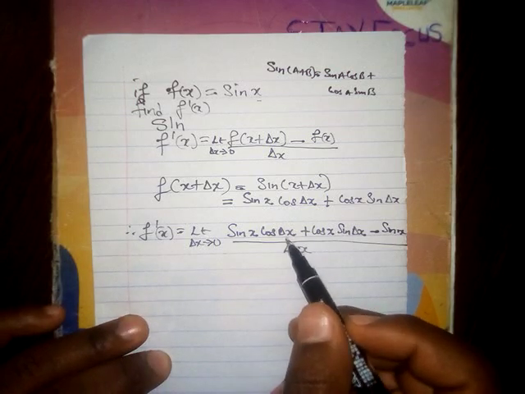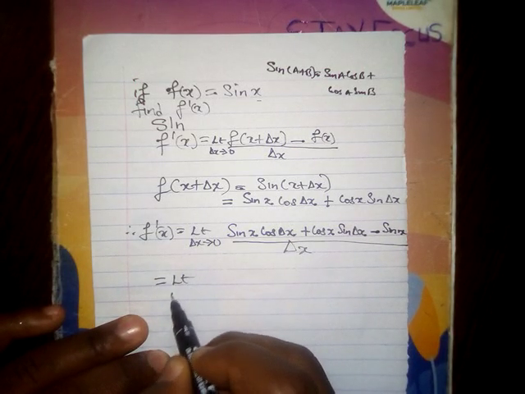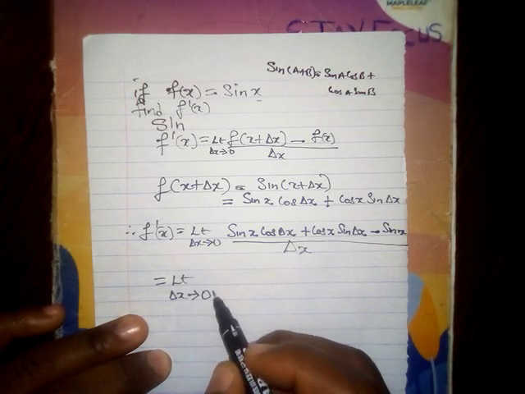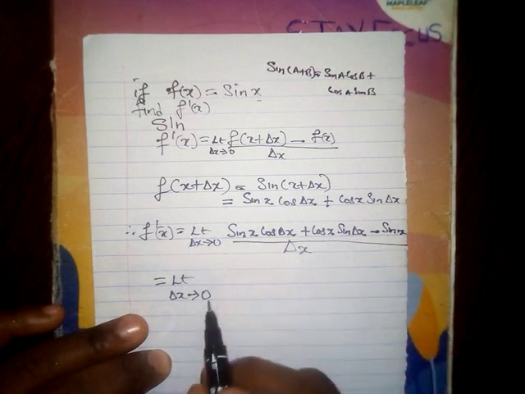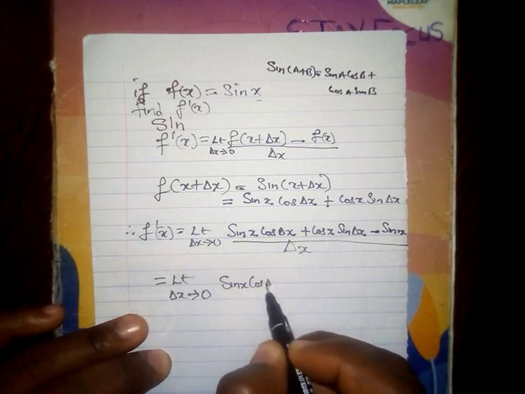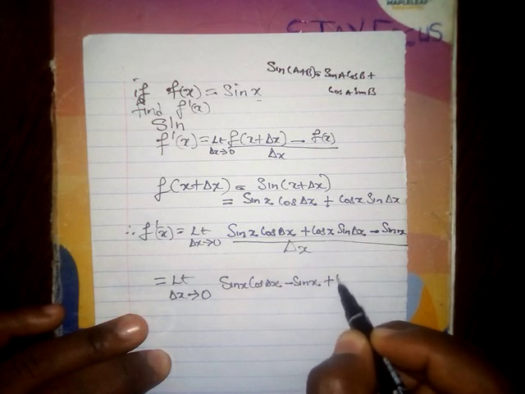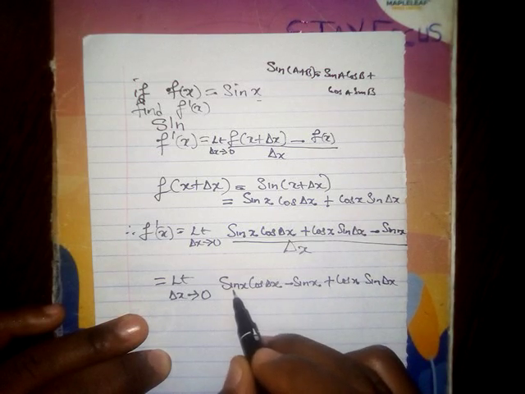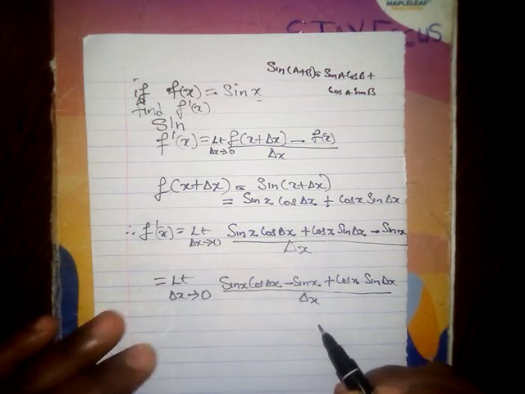Now we simplify this. This is the same thing as the limit as change in x approaches 0. Now we have sine x here, we have sine x here. So if I write this, I'll have sine x cos change in x minus sine x plus cos x sine change in x all over change in x.